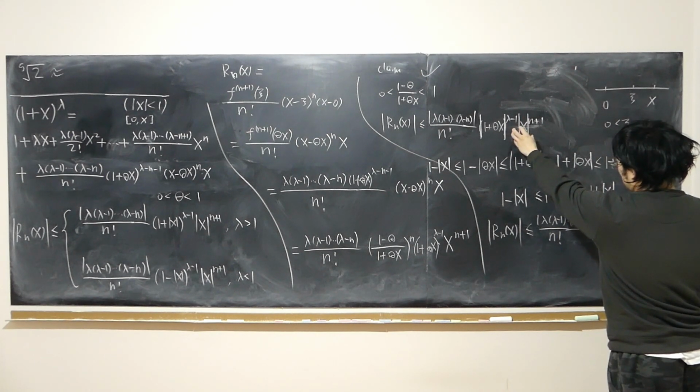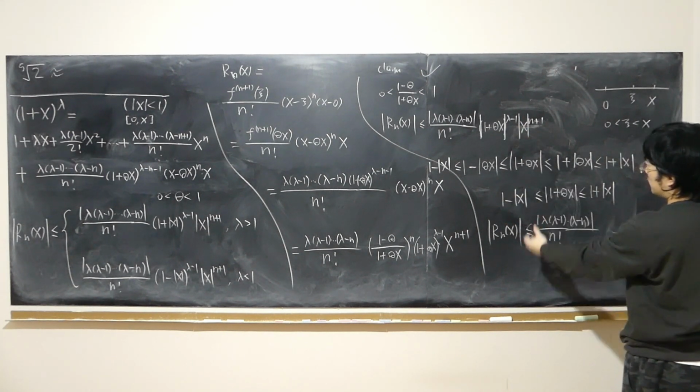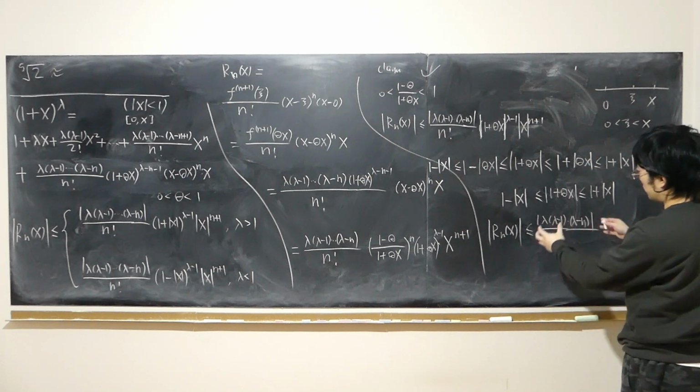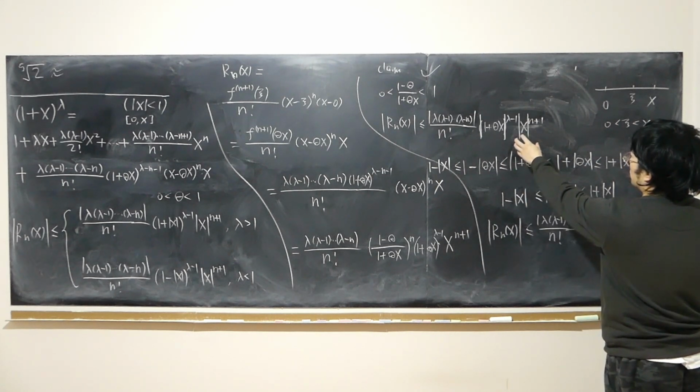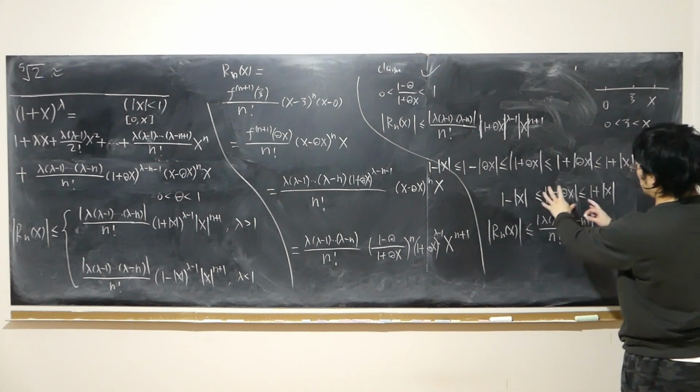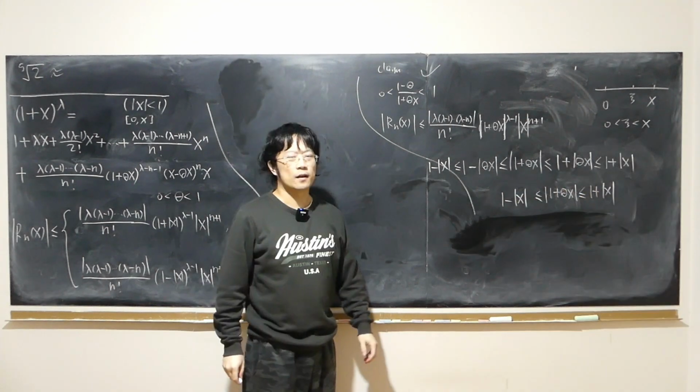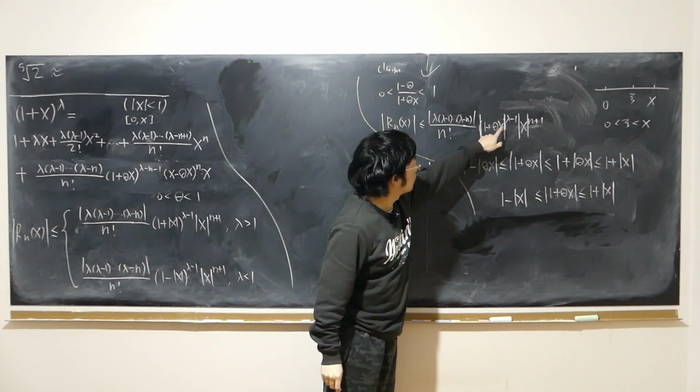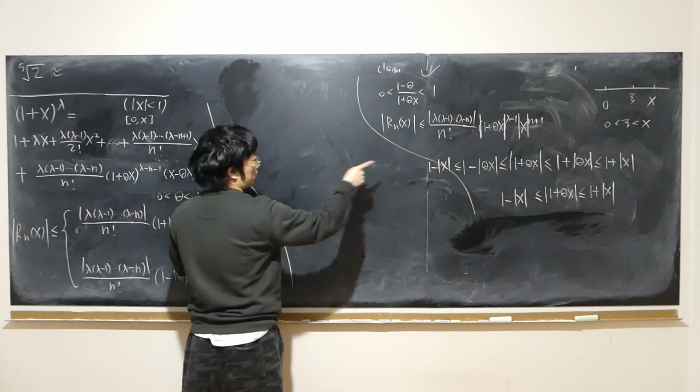If the power is positive, then of course it's an increasing function, so we can just maintain the direction. Otherwise, if the power is negative, maybe we should change the direction. So if the power lambda minus 1 is positive, then we maintain the direction.